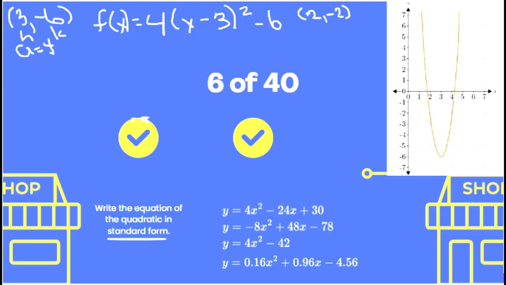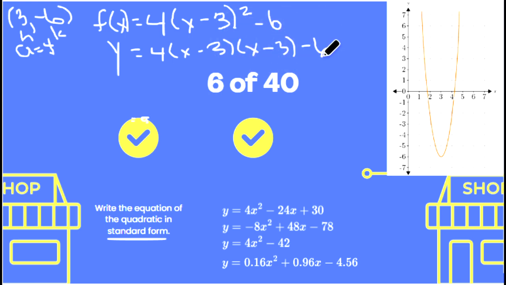Okay, let's get rid of this because I don't need this information anymore. All right, so let's go ahead and write this in our normal form. They're changing out f of x for y, so I'll go ahead and do that. So y equals 4 times. Now this squared gets written as (x minus 3) times (x minus 3), and we still have our -6 over here.